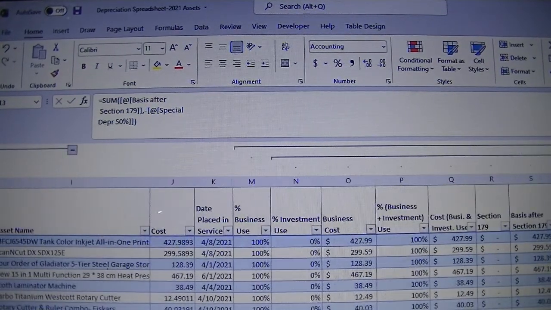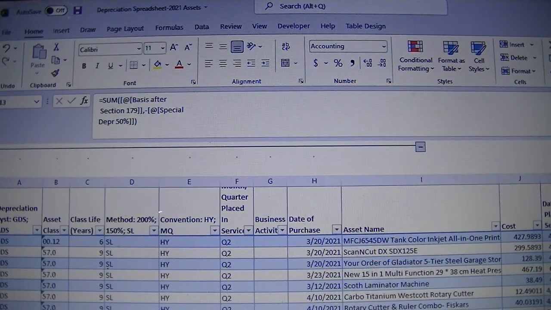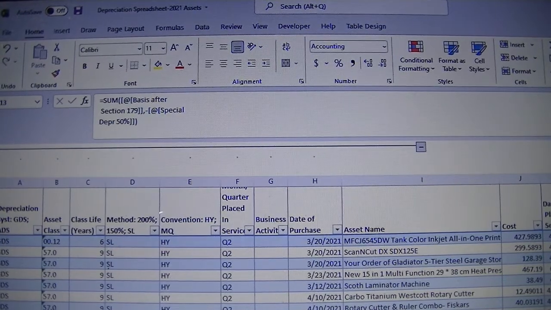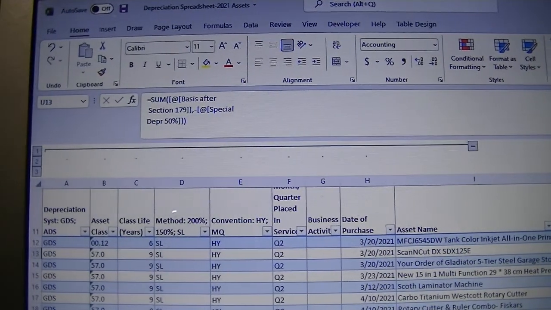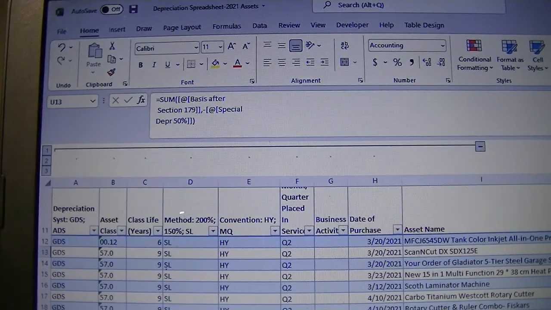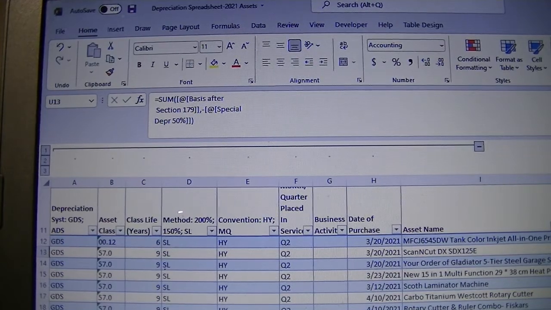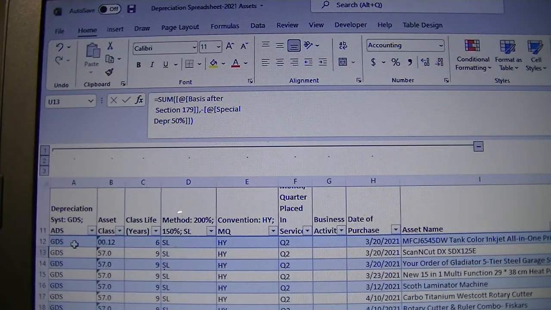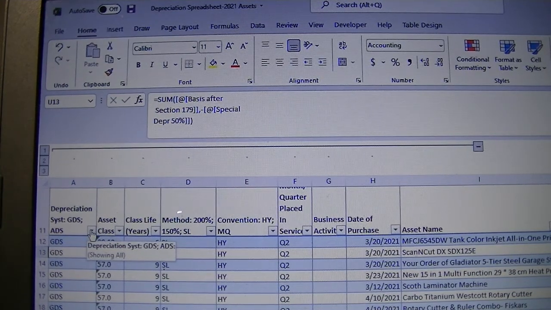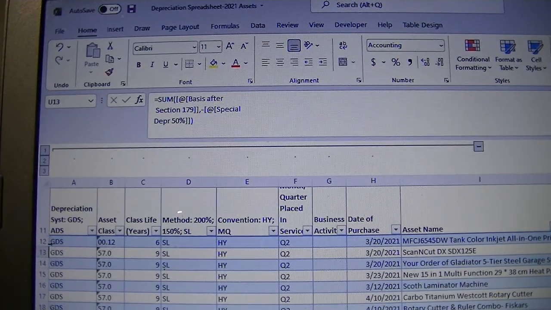Another thing to point out is most of the business assets will use the depreciation system named GDS, General Depreciation System. There are a few instances where you will use the Alternative Depreciation System, ADS, and it is in the description as well, but most of the assets will fall under GDS.